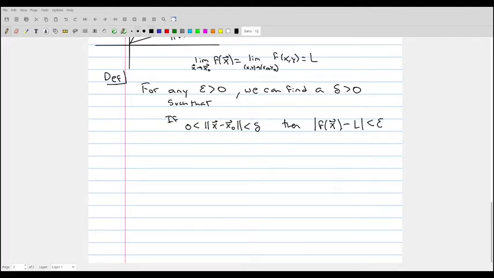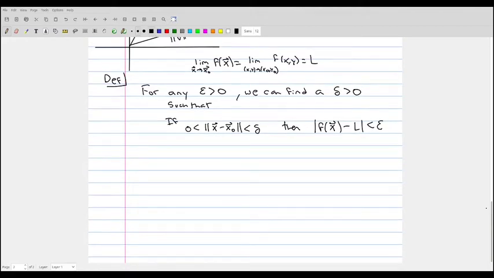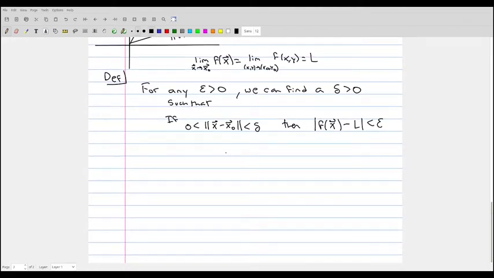So the distance between the value of the function and the proposed limit is less than epsilon, as long as you're close enough to the point x naught. That's exactly what this is saying.